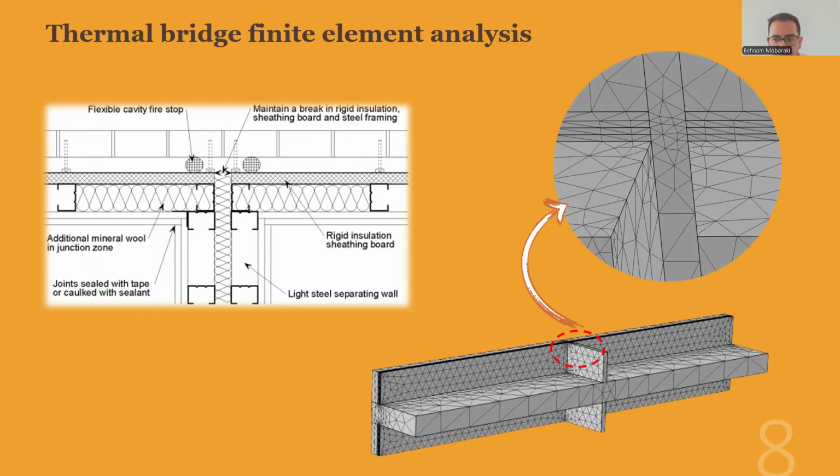The geometry was discretized using unstructured triangular elements, which are well suited for capturing complex geometrical features and the material interfaces within multi-layer assemblies. At the end, to accurately represent heat transfer phenomena, particularly in regions with high thermal gradients, a non-uniform mesh was adopted.